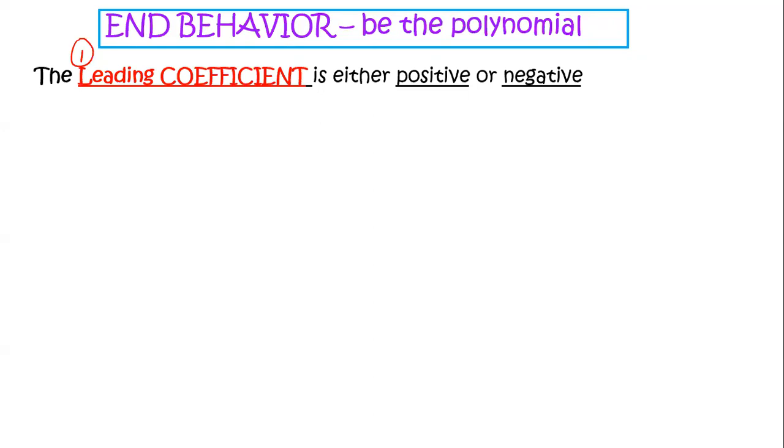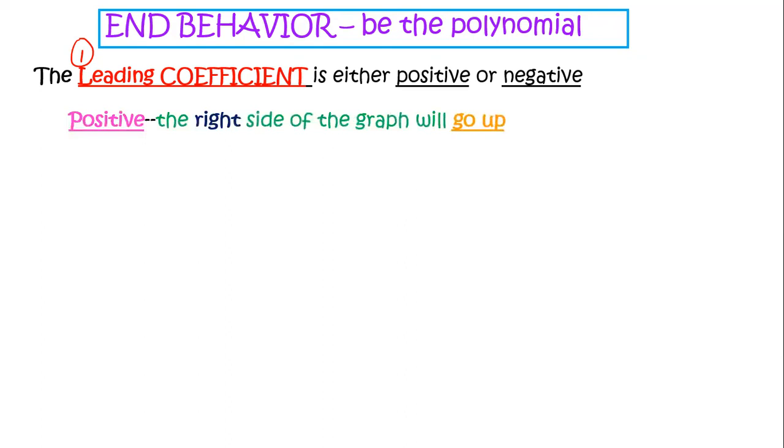So if our leading coefficient is positive, it means that our graph is going to go up on the right side. I'm about to box it or star it. Okay, if your leading coefficient is positive, that means on the right side, it is going up. So on the right side, your graph is heading up.